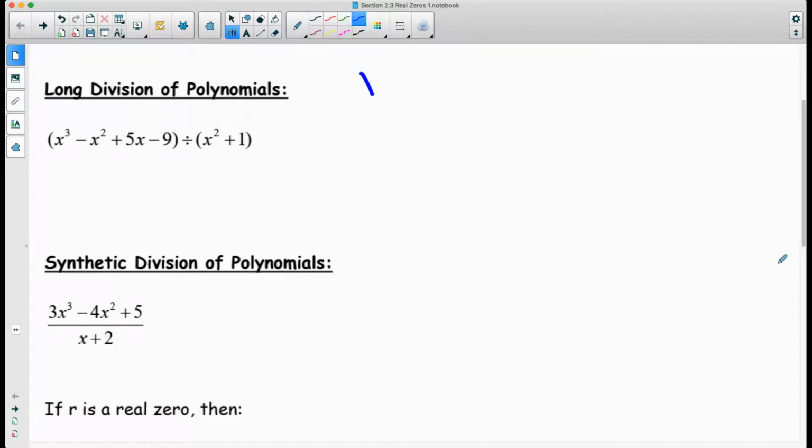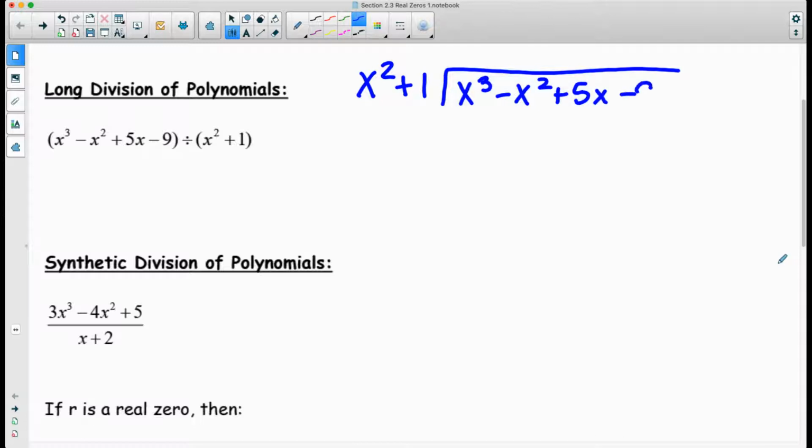So let's start off with x squared plus 1, and we're going to go into x cubed minus x squared plus 5x minus 9. Okay, once you have that written down, put your pencils down.